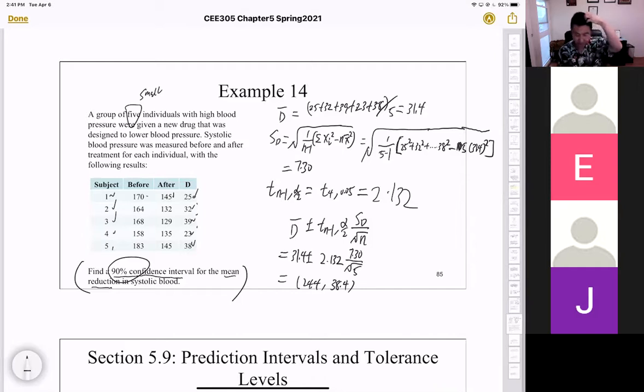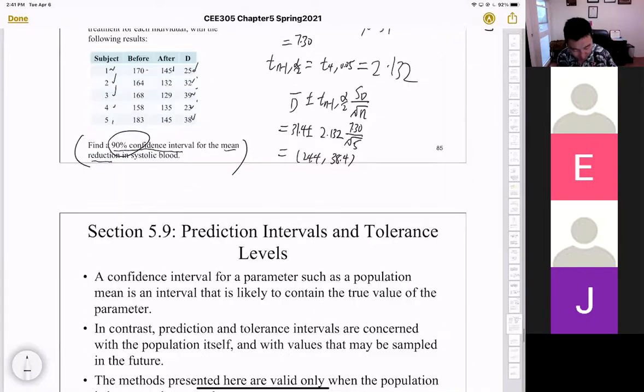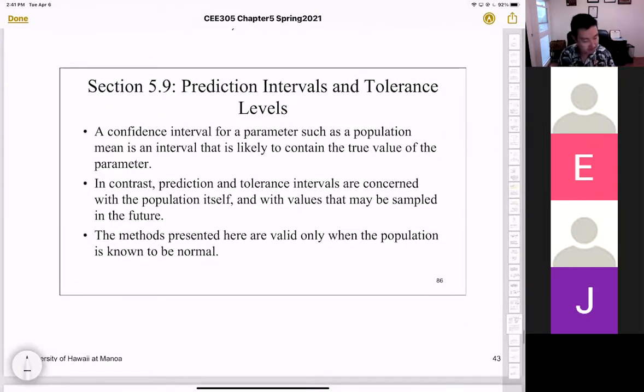The equations are pretty much similar. I suggest you write down the equations side by side, so you can select easily what equation to use depending on what the question is asking.